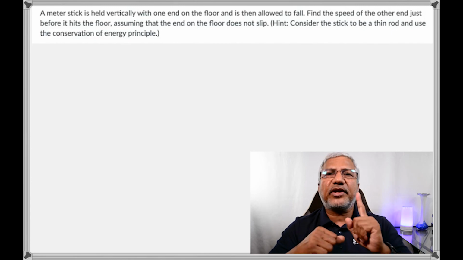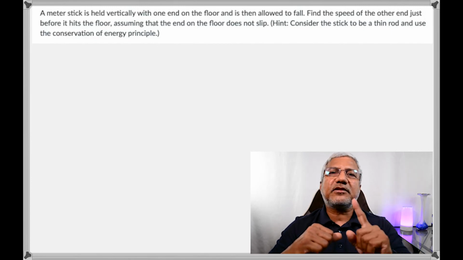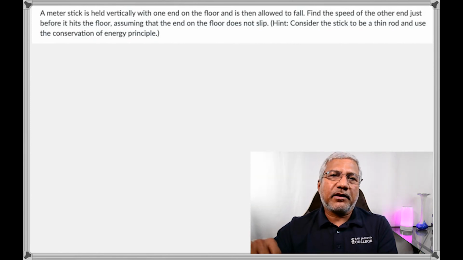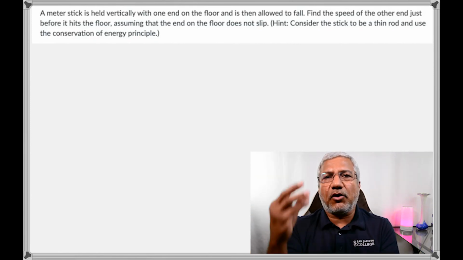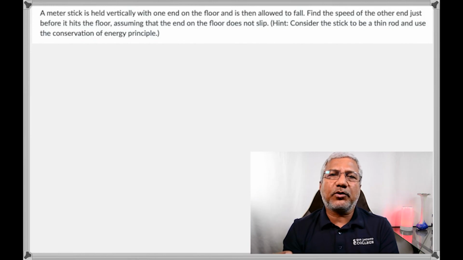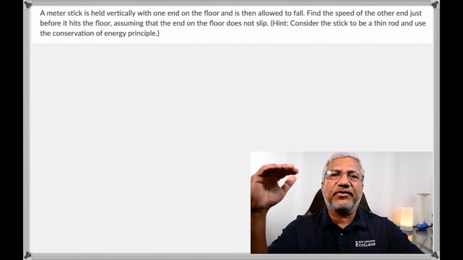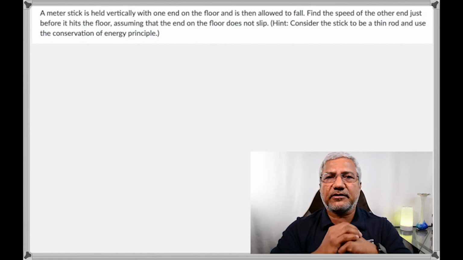But do not forget that the height of the meter stick is not 1 meter. That's its length. But we have to consider that all of its mass is located at its center of mass, which would be exactly at 50 centimeter, half of the length.